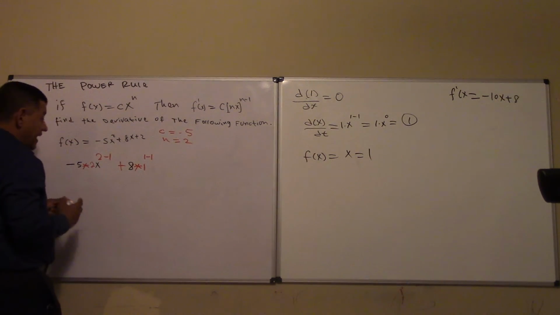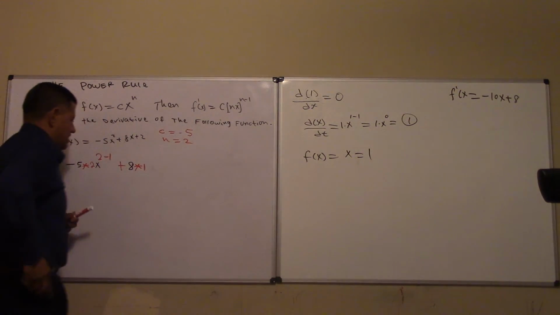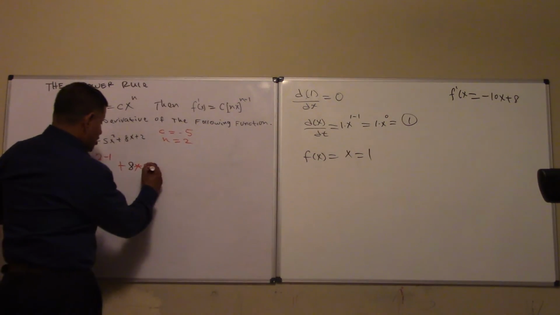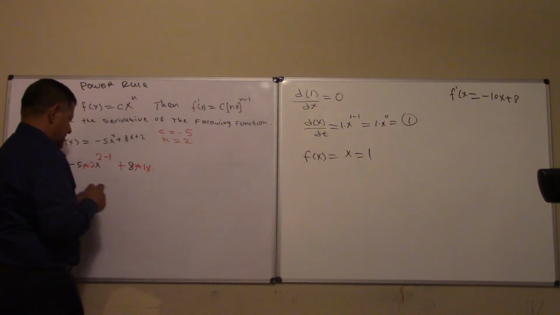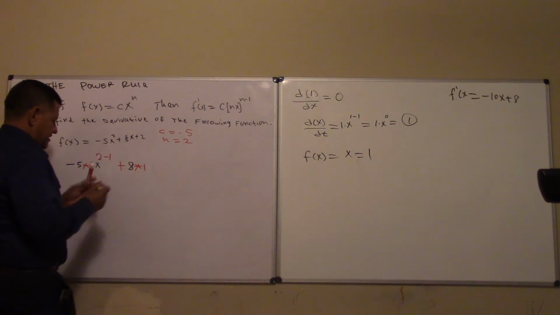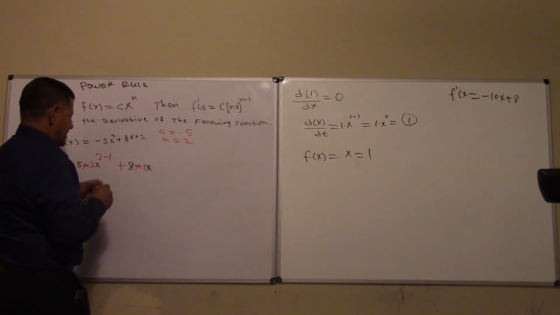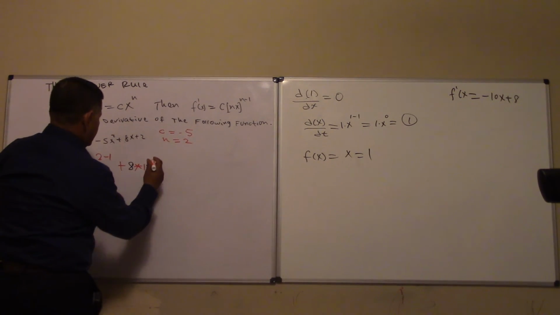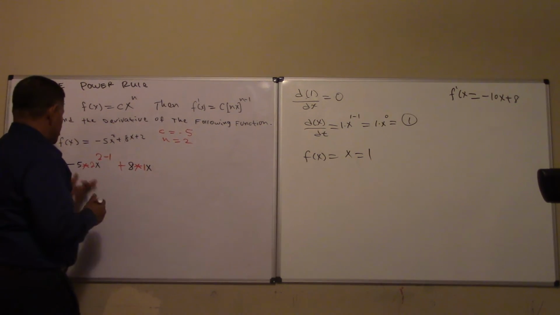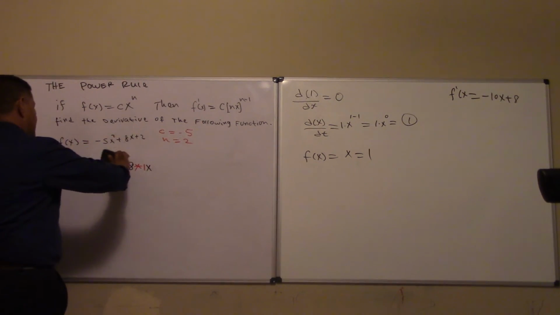But remember, let me do this clearly, because this is a very simple process. After you know this, it's very easy. So I keep the x. Actually, I should have a multiplication here. Let me make this clear, because it might not be clear for a lot of people.